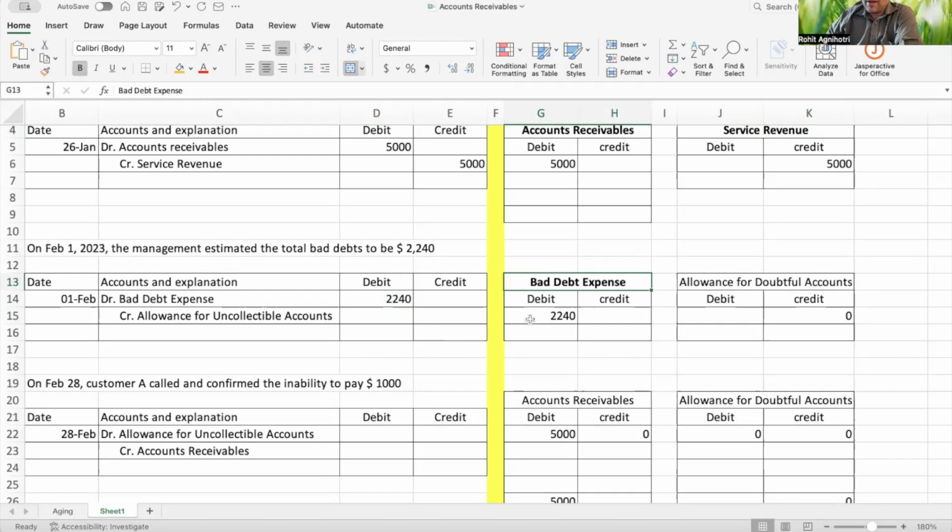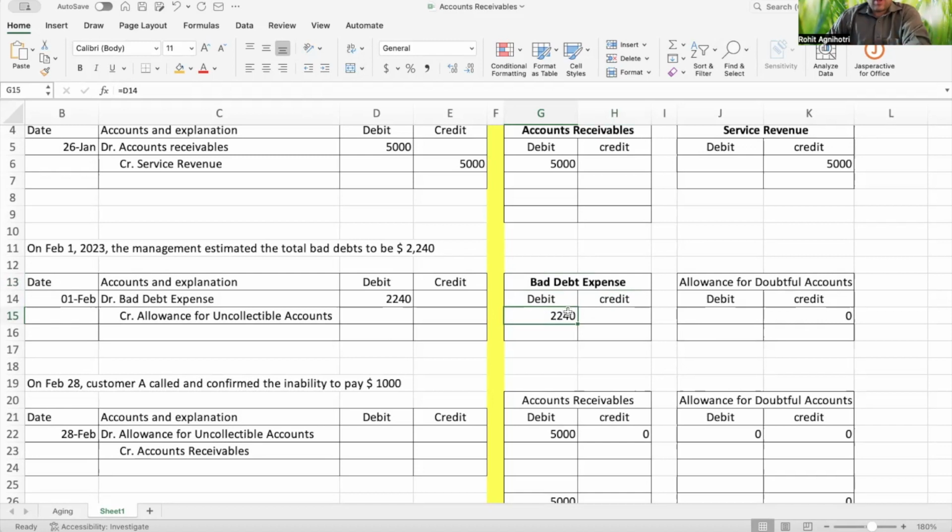When your net income goes down, it will cause your shareholders' equity to go down. And a decrease in shareholders' equity is reported on your debit side. This means anything that makes shareholders' equity go down has to be recorded on debit. So that is the reason why you see bad debt expense, $2,240 debit.